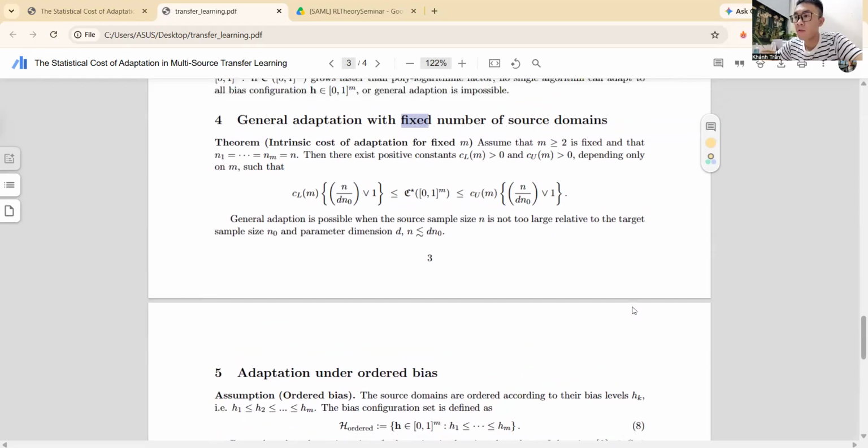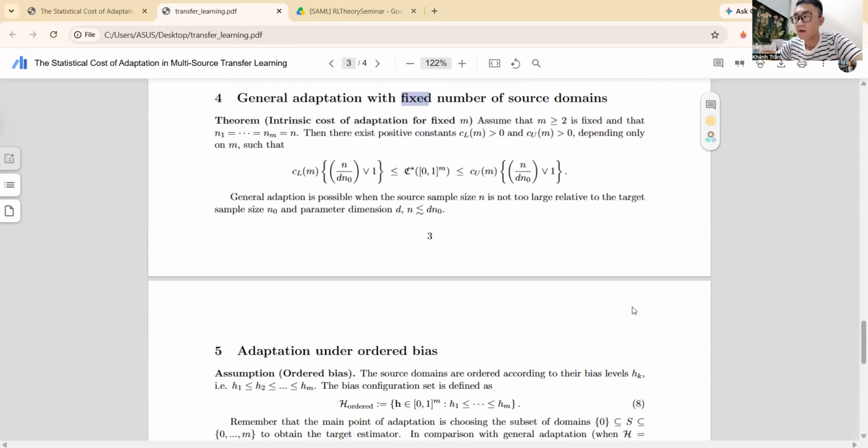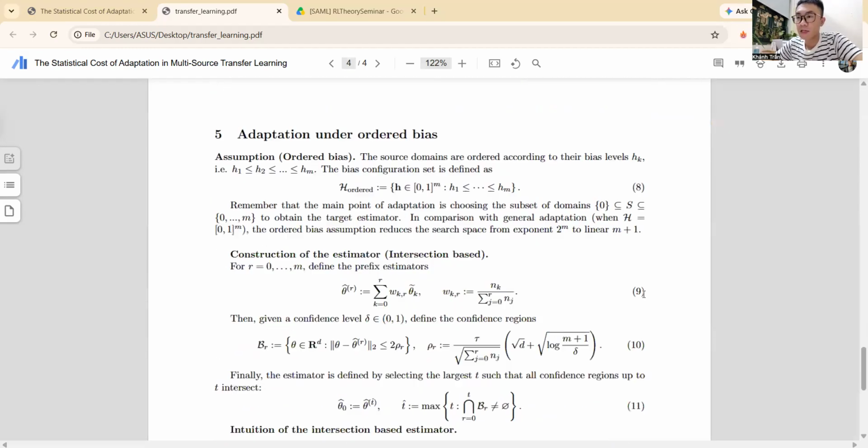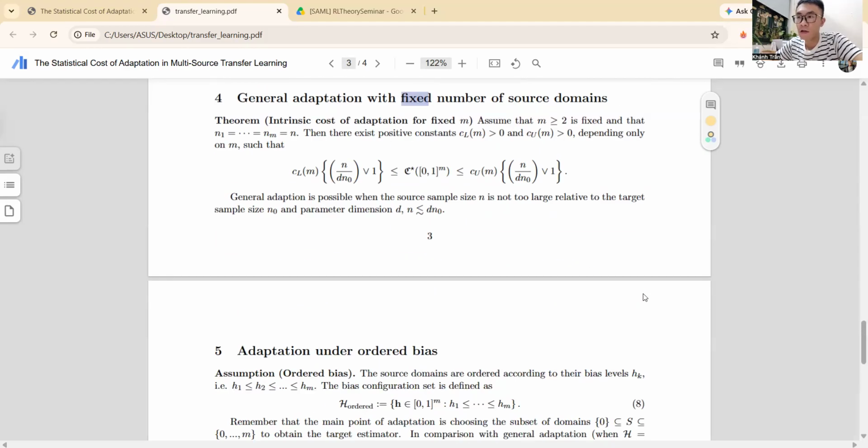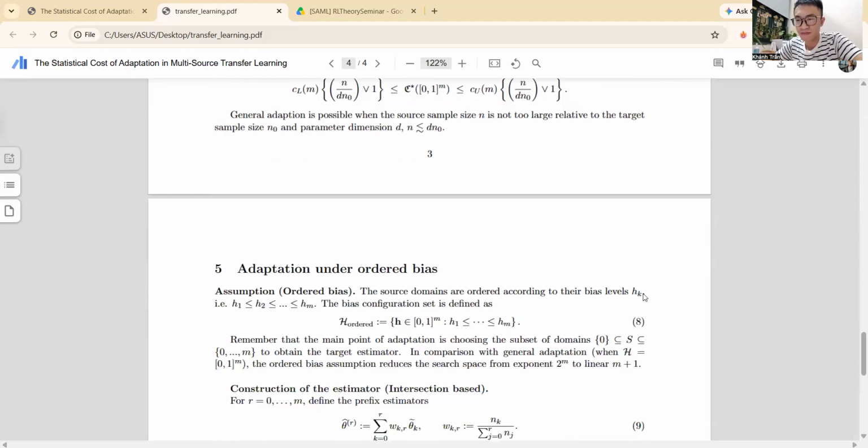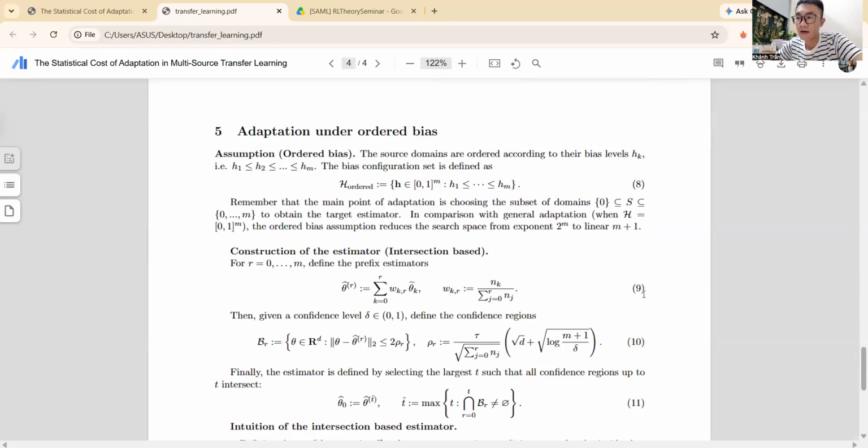Okay, so that's the specification where general adaptation is impossible or possible with a fixed number of source domains. And in the case that general adaptation is possible, some restrictions are considered in the paper, with some methods to estimate the target estimator.